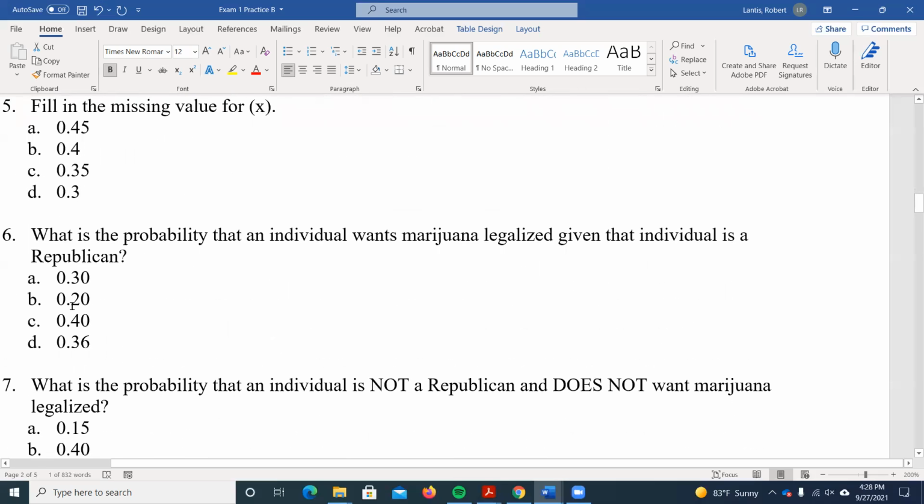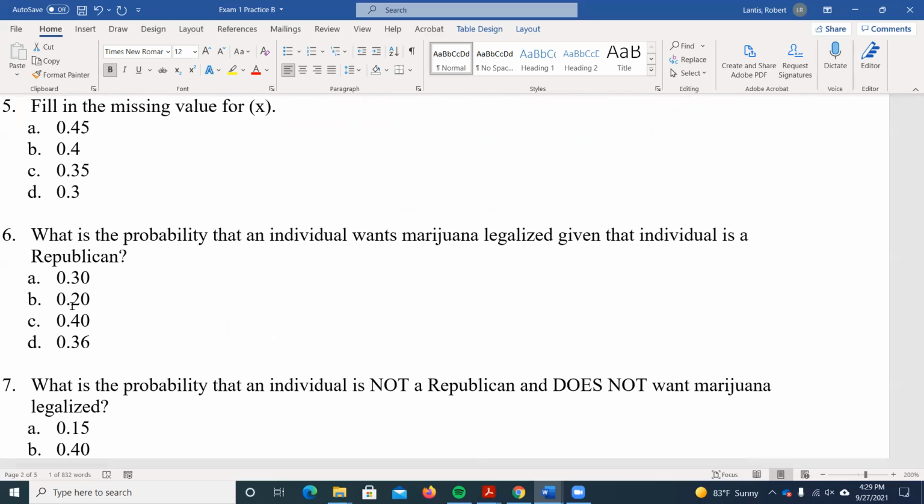Next question: what's the probability that an individual wants marijuana legalized, given that the individual is a Republican? We see this word given, so we should automatically be thinking we're looking for a conditional probability. I'm going to write this out first. What are we given?